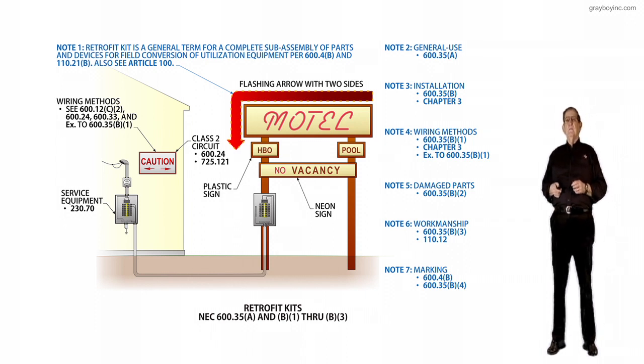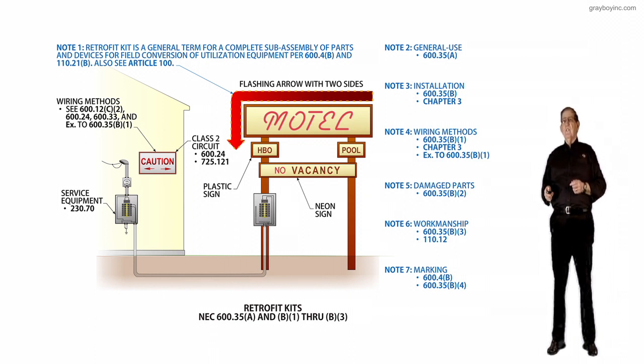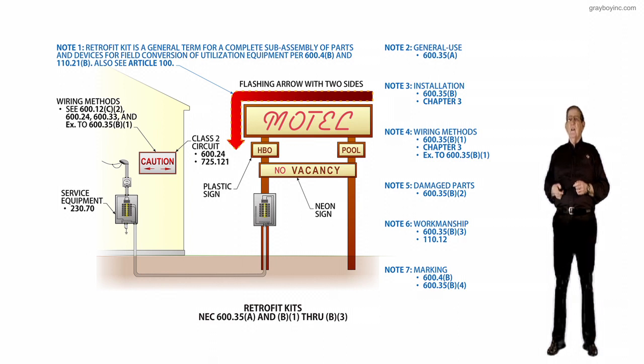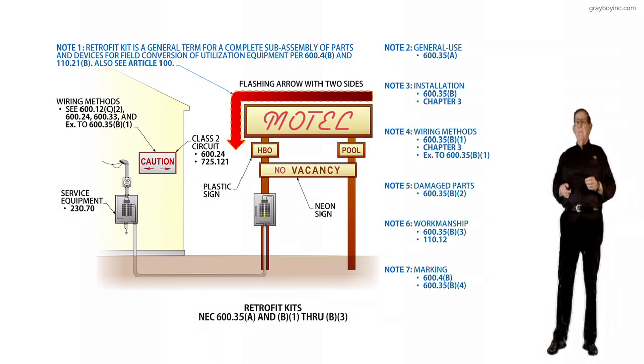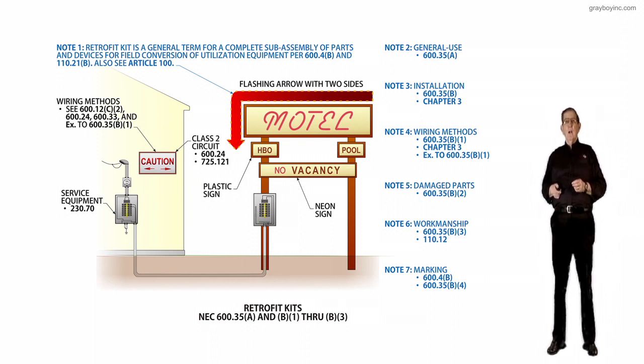Note 7 now, which is the last note, deals with the marking. And of course, 110.21 deals with that. And notice 600.4(B) gets into marking, and 600.35(B)(4) gets into the marking requirements.